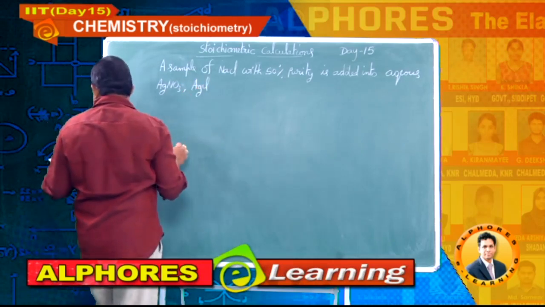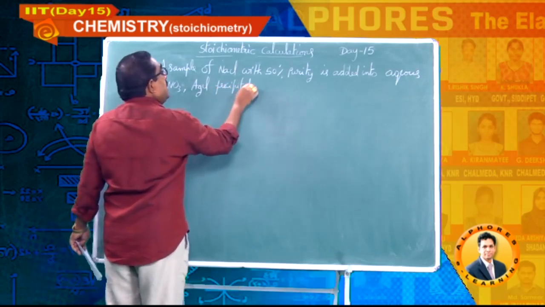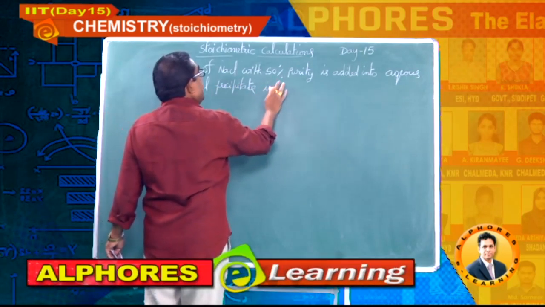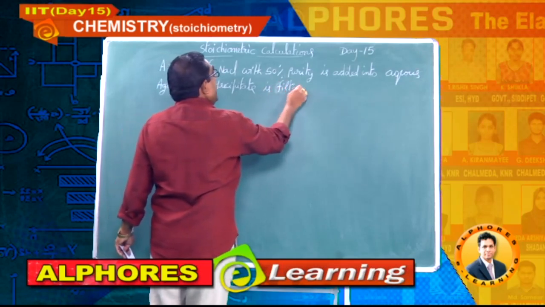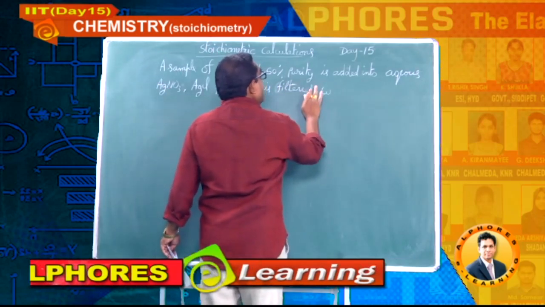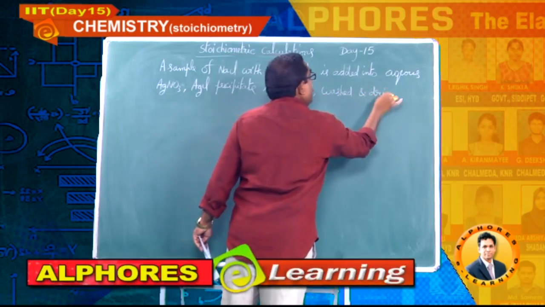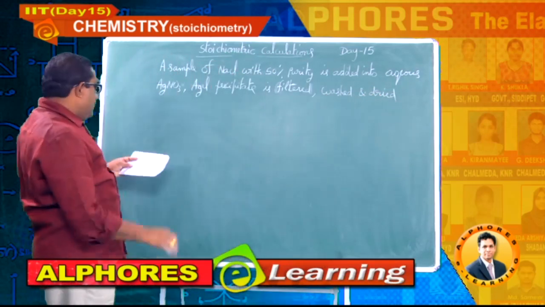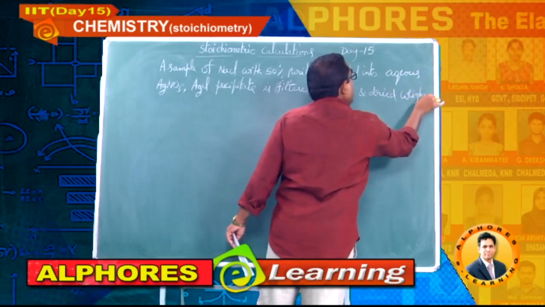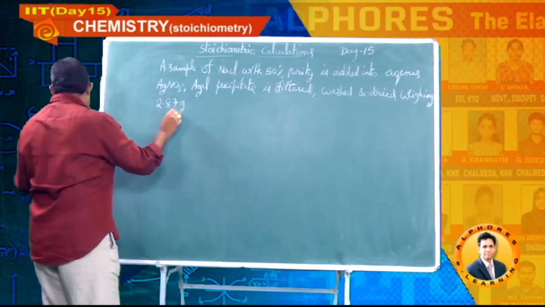Silver chloride precipitate is filtered, washed and dried, weighing 2.87 grams.